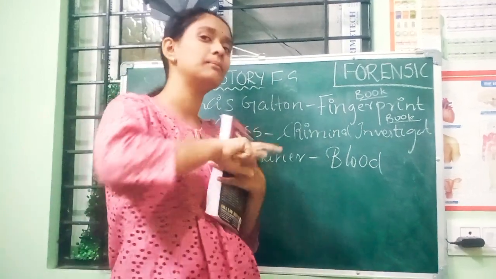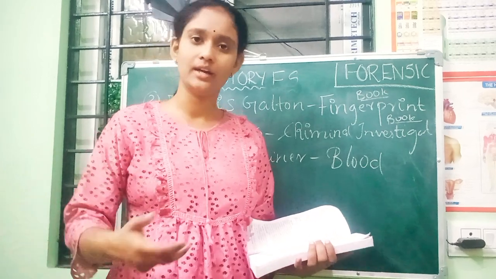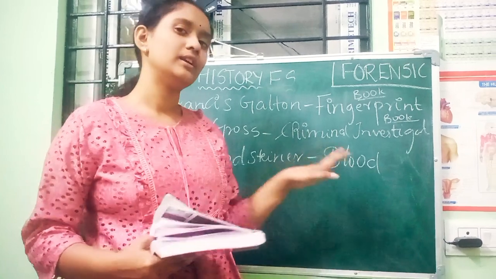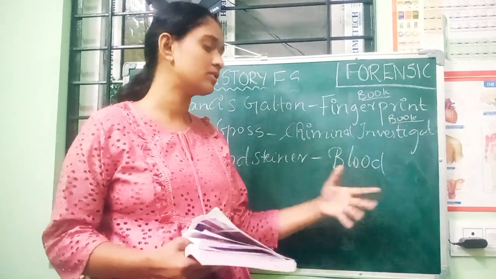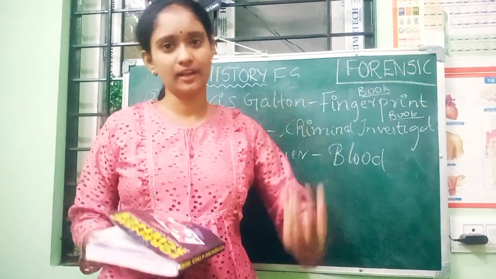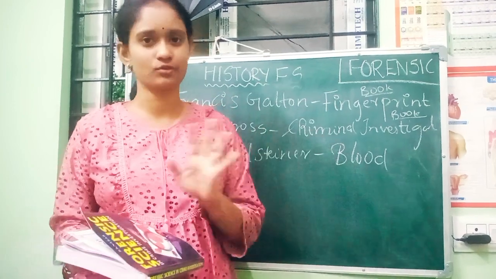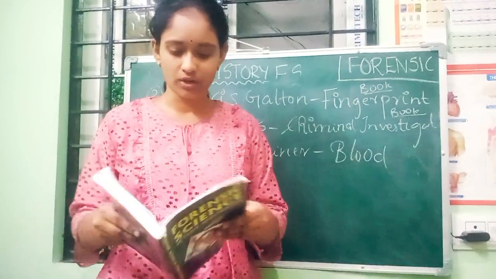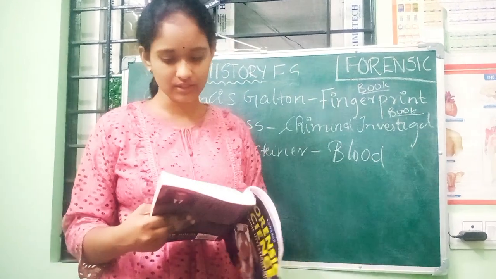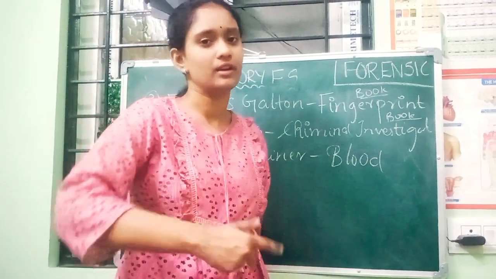Because you have different blood groups: A, B, O, AB, with positive and negative types. So he studied blood, and also the angle at which it has fallen, whether from above or from a distance. There is so much to study about blood. He showed that blood can be grouped into different categories, and said it is a major technique for criminal investigation.